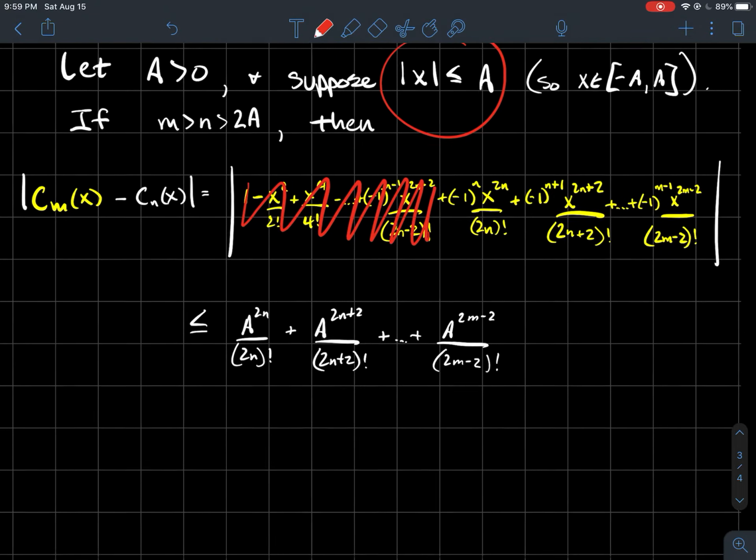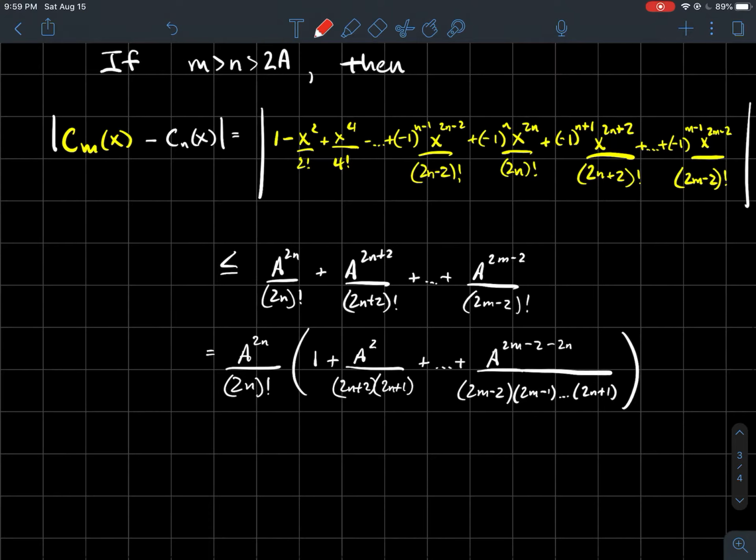The next thing that we'll do is pull an a to the 2n over 2n factorial out of everything here, factor it out, and think about what you have left. You would have a 1 from this piece here. If you factor this off of itself, you'd have 1 left. If I pull this off of that, we would have a squared left, and then you would have 2n plus 2 and 2n plus 1. Those are the terms.